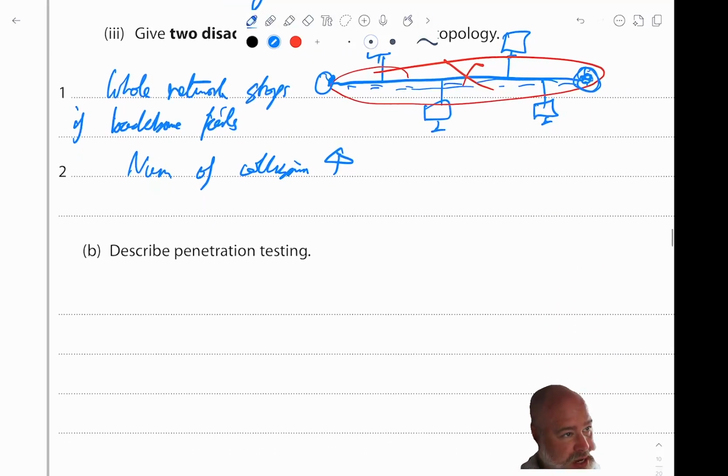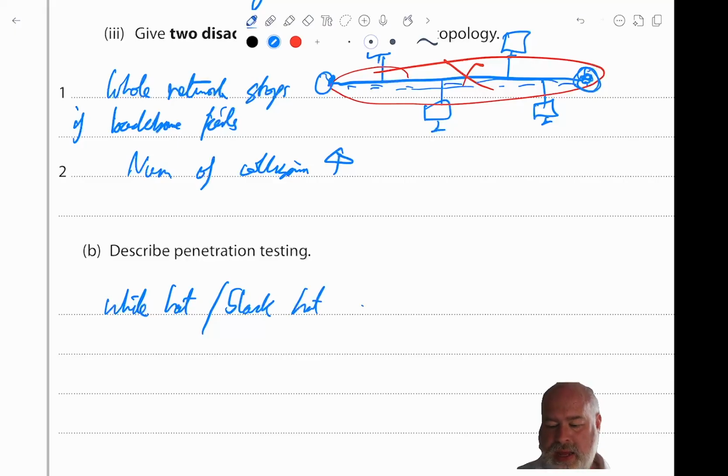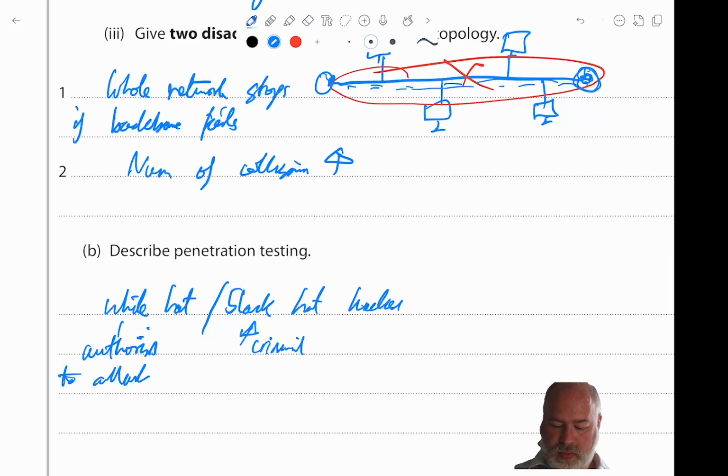Describe penetration testing. So white hat, black hat hackers. These are criminals, and these might be authorized to attack. So Apple might have authorized an attack on their system.